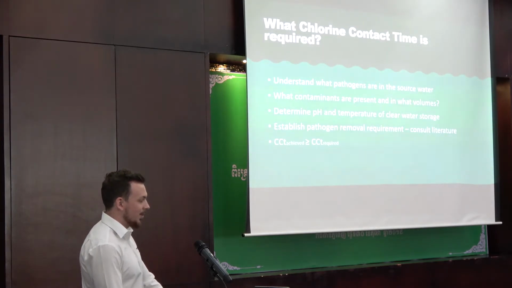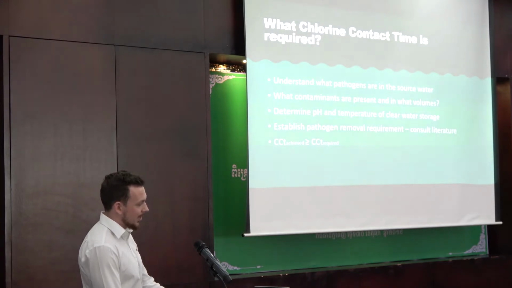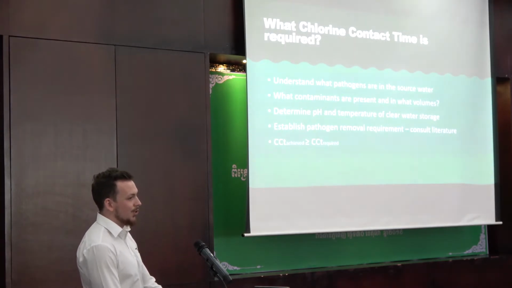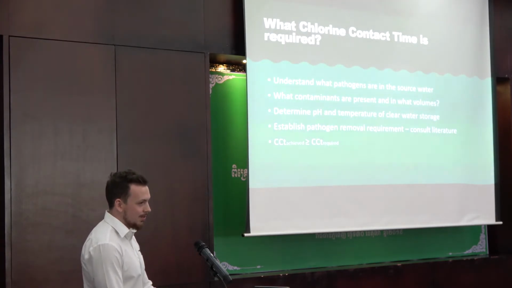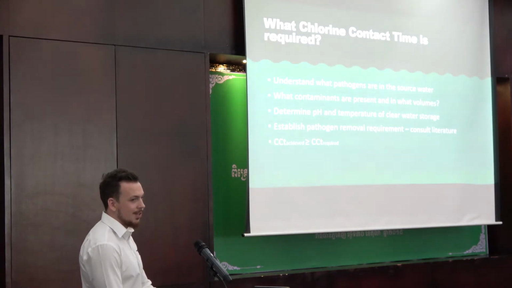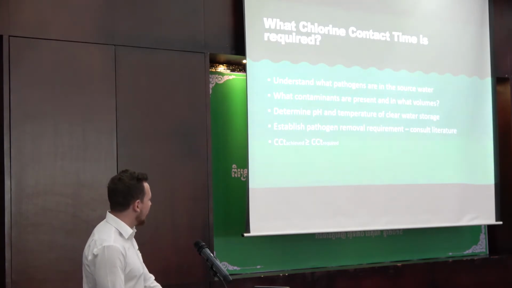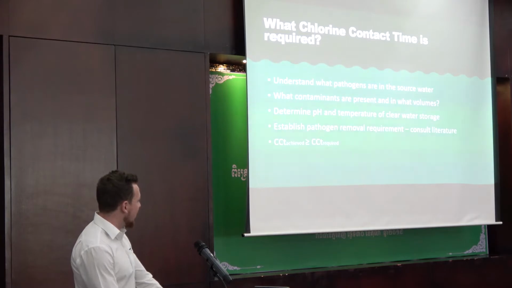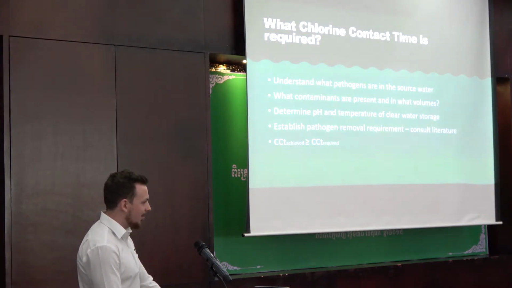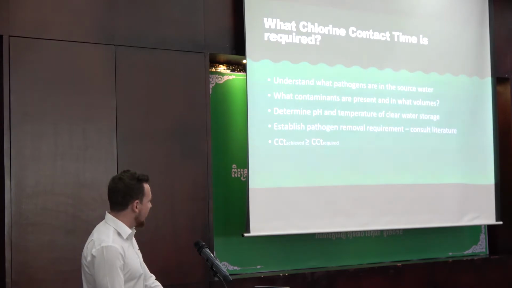And then you'll need to consult the literature to figure out what contact time is required to ensure that you are removing 99.99% of whatever pathogen you are trying to remove. And as long as your CCT or chlorine contact time is greater than that required in the literature, you have met the specification.